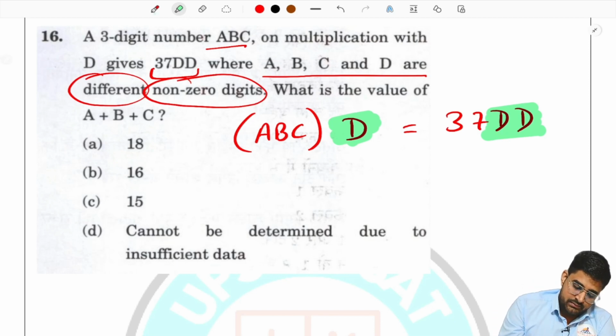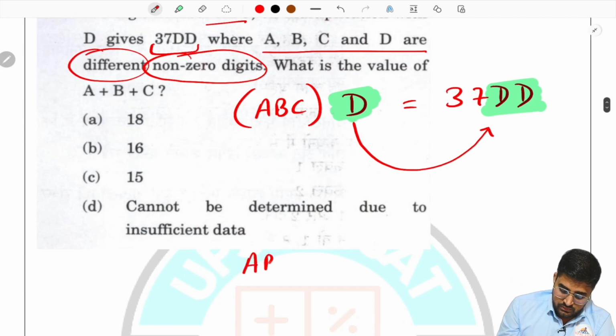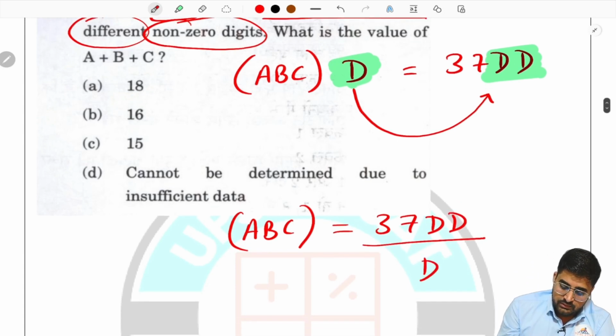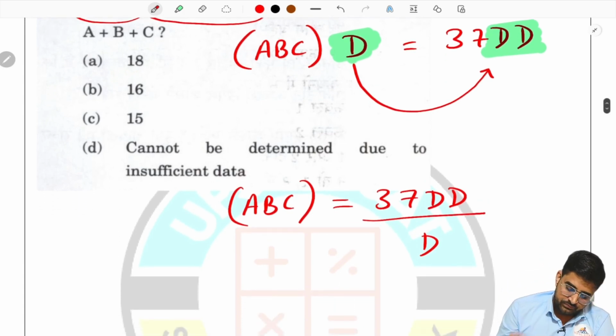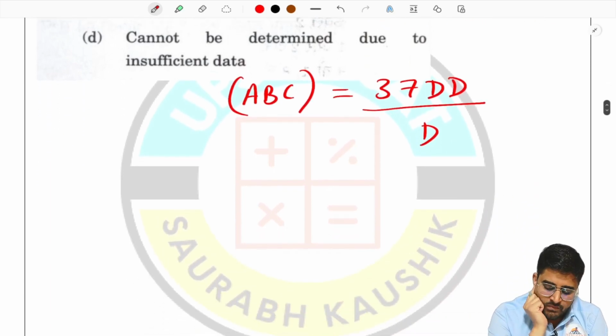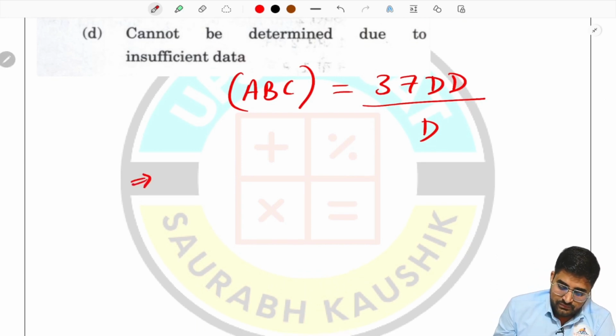Let's do one thing. Take this D to the other side. ABC is a number. Now we take D on the other side. This is a multiplication, so here it becomes a division. Now how are we going to divide this number? In our earlier concepts, we have discussed how to write the place value of digits.